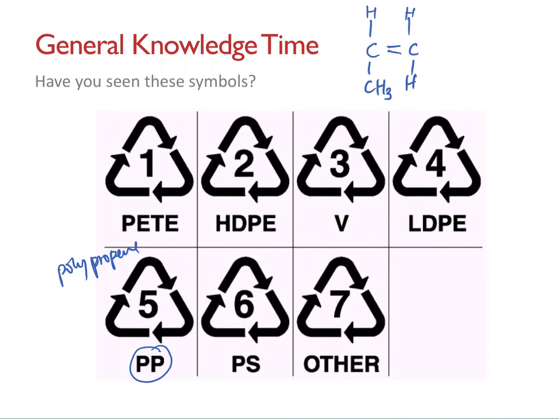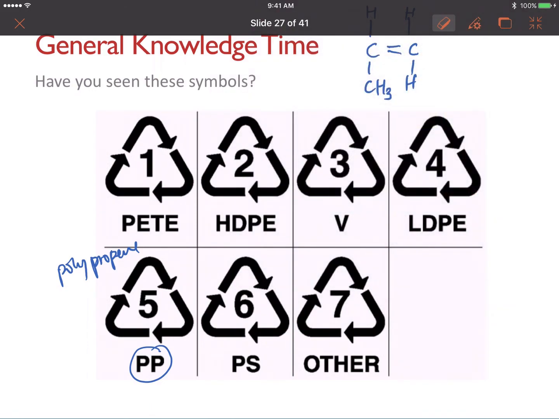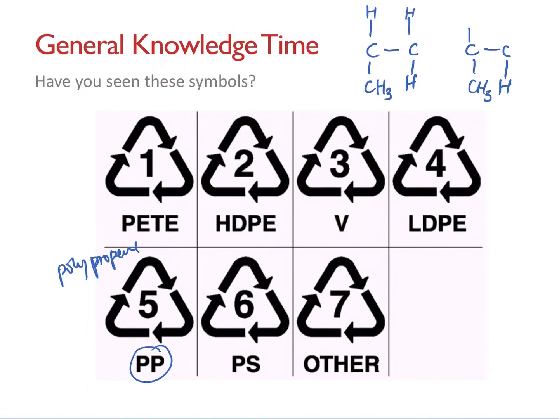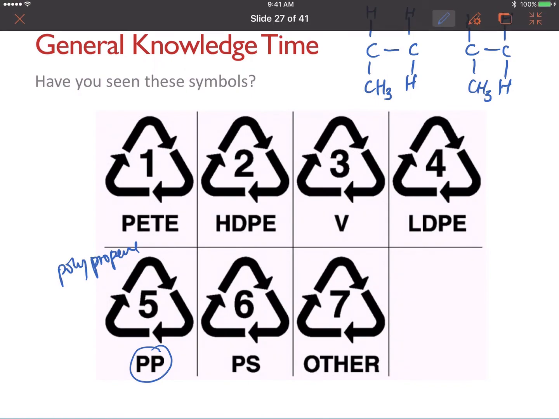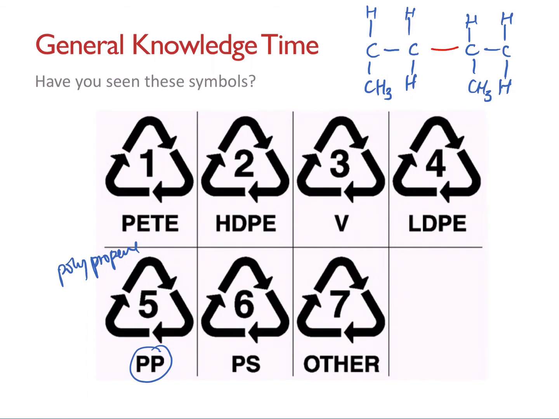So I know that when it's a polymer, what I'll do is I just need to remove one of the double bonds and join it to the next molecule, like this.